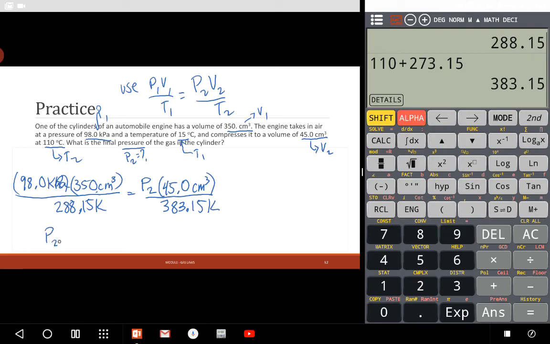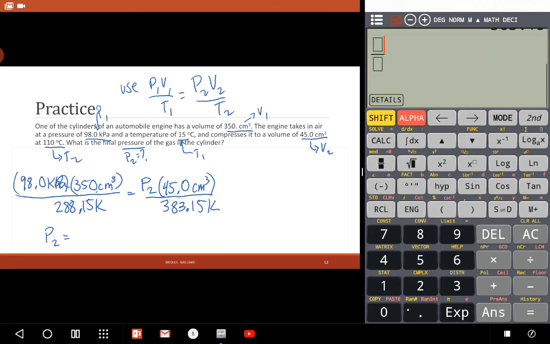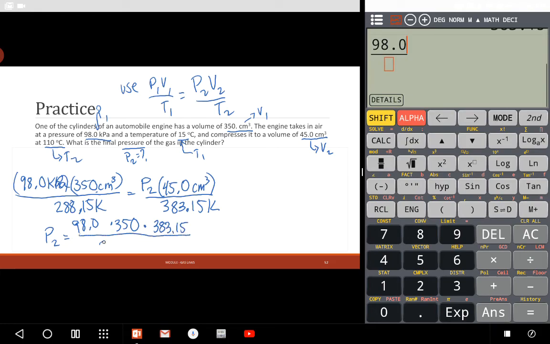And so my P2 will be equal to 98.0 times 350 times 383.15 divided by 288.15 times 45.0. And I didn't put units on, but I can go back and do that.